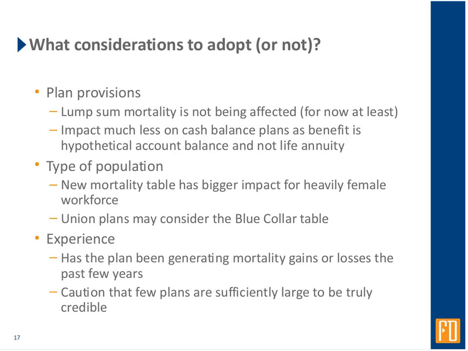And as I mentioned at the beginning, the lump sum mortality is not being affected, as that is controlled by the IRS, and we're not going to see that implementation for a couple of years. So the impact for plans that offer lump sums probably will not be as significant.